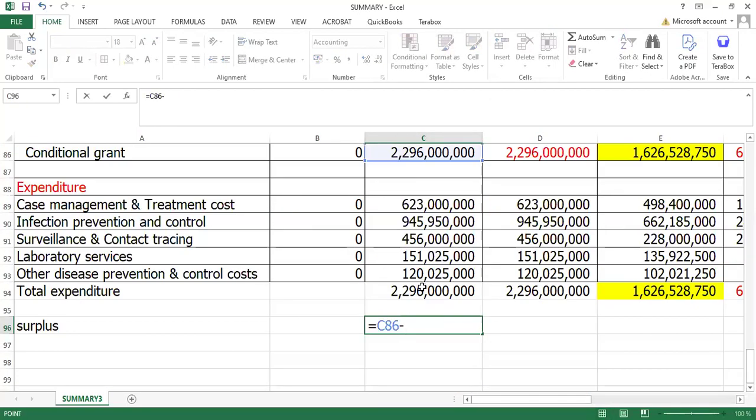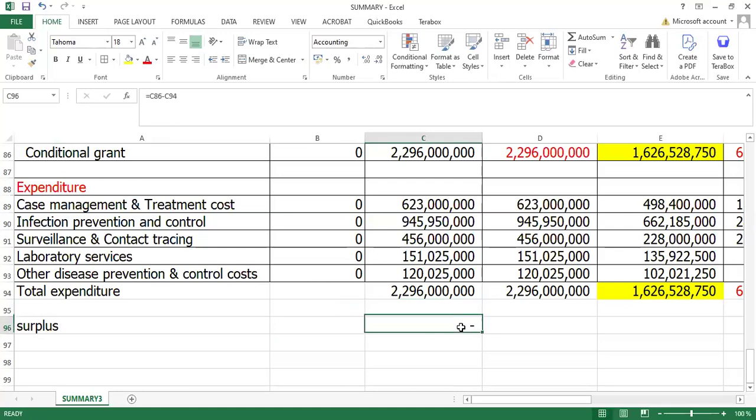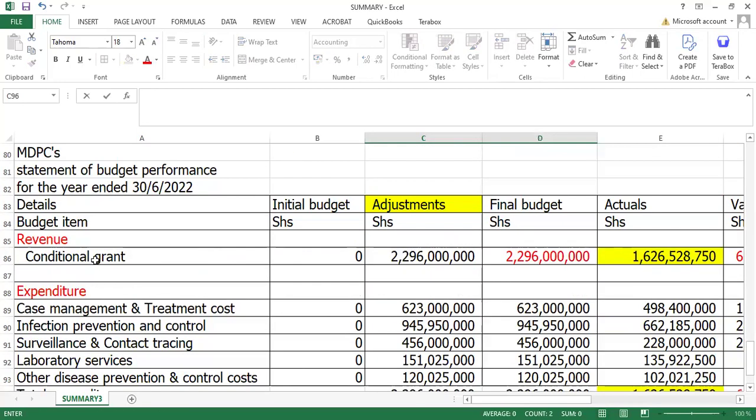But in terms of budget, we don't go for all that. But if you want, you can go ahead and have this. Let me say total, because it can help you to track total revenue.